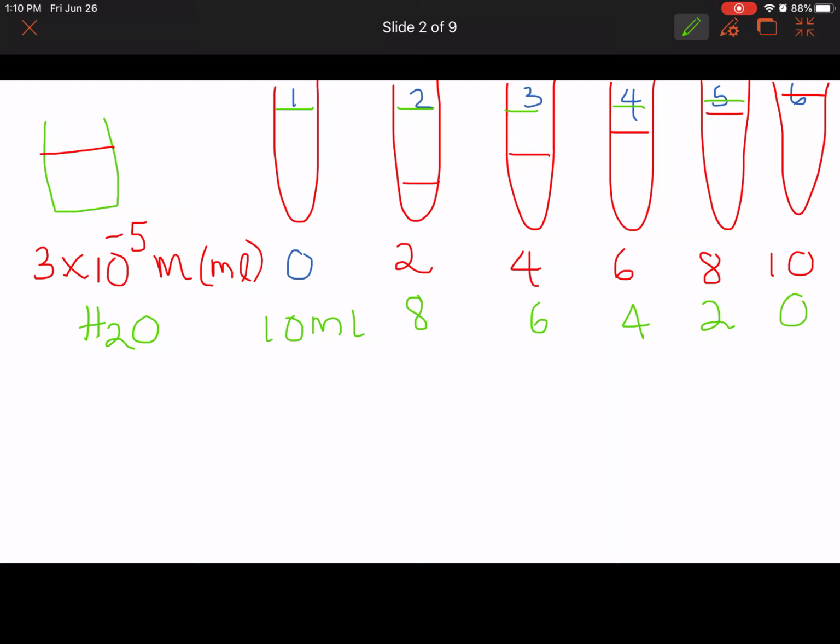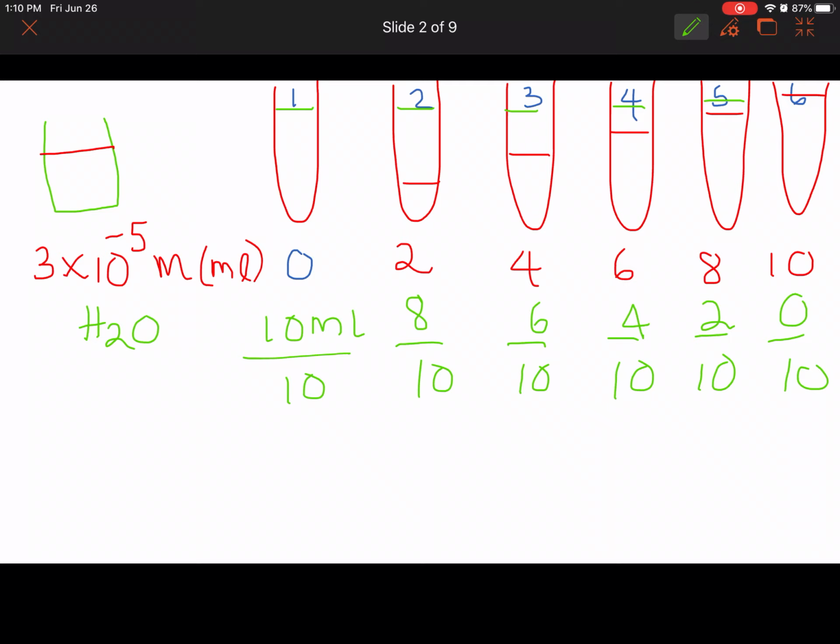When you add these volumes, all of them are going to have 10 milliliters total volume. Now, do you think the concentration of the dye is going to change in these solutions? Yes, it is, because the concentration is number of moles over volume. Since the volume changes and we did a dilution, the molarity changes.